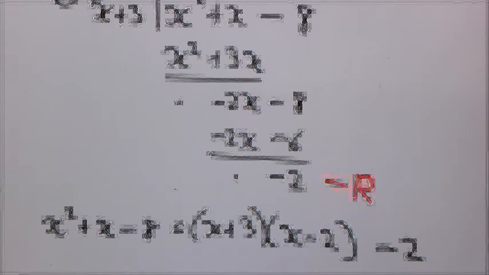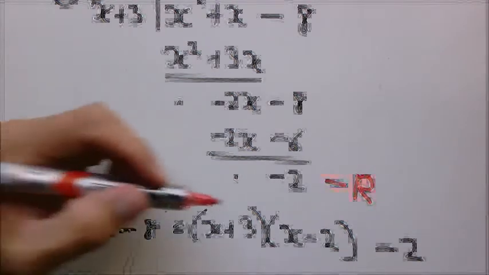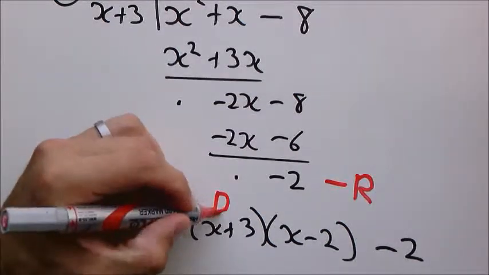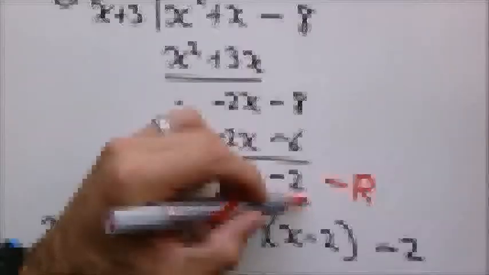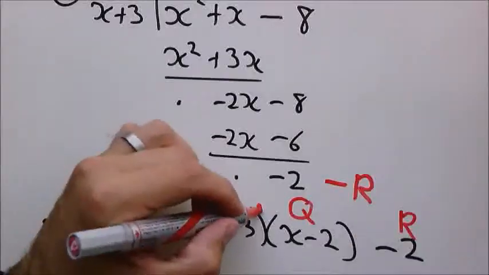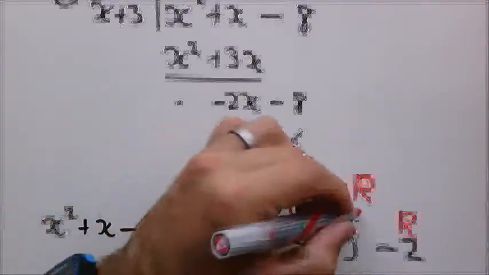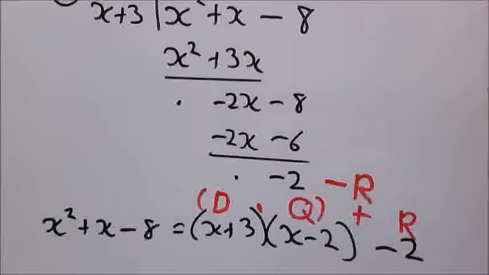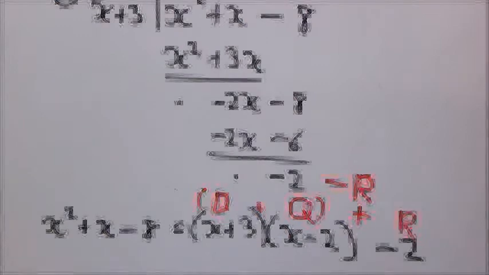So this is, in our case, the divisor, right? This was the quotient, and this is the remainder. And these two are being multiplied with each other, and the remainder is being added to it. So keep this in mind. I'll explain the theory after this.